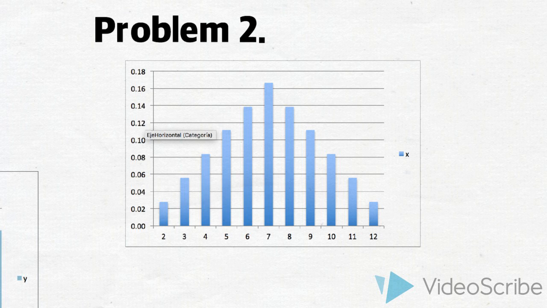In this example, we can see that the probability of getting each number at the beginning is increasing till number 7. Then, from 7 till 12, the probability starts to decrease.